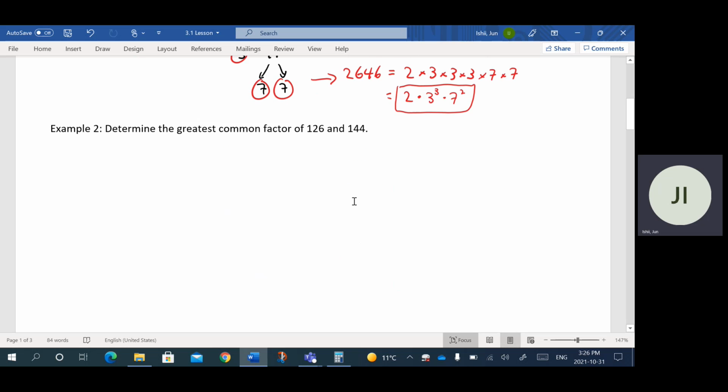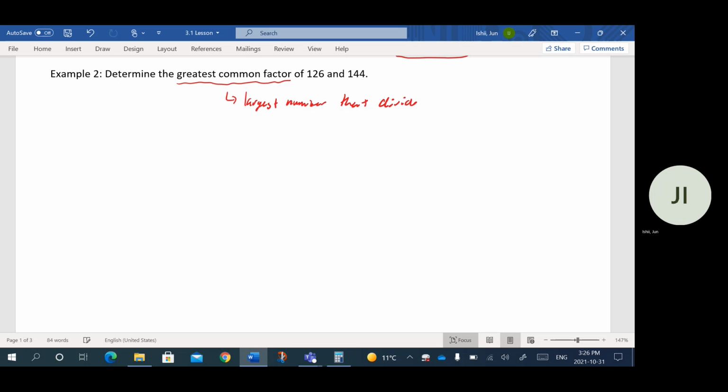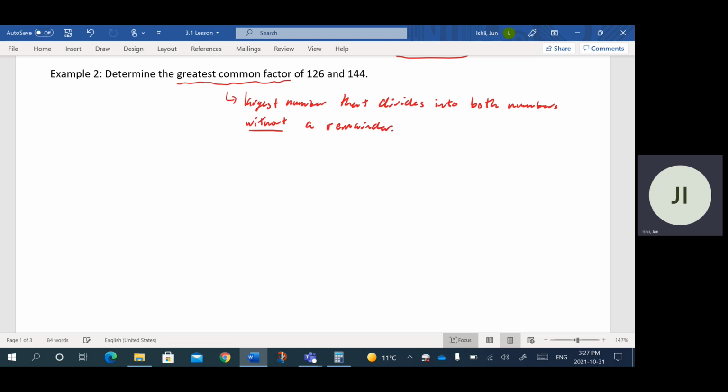Cool. All right, so next up, we want to determine the greatest common factor of 126 and 144. All right, so greatest common factor is the largest number that divides into both numbers without a remainder.